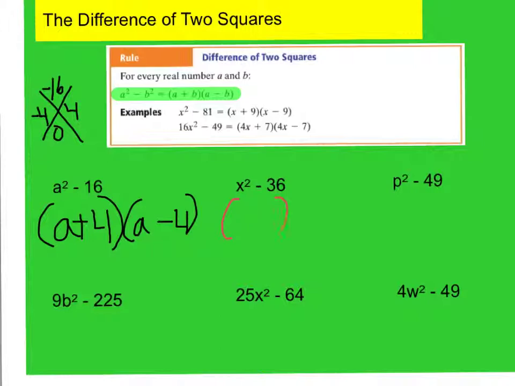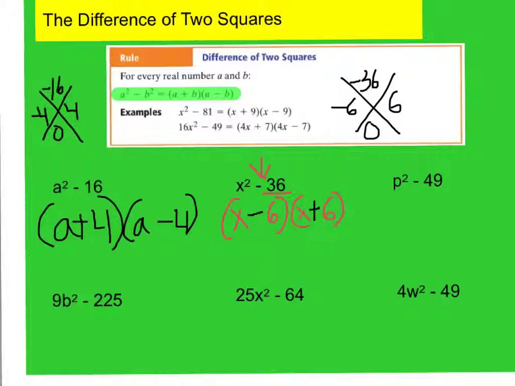The square root of x squared is x, and what multiplied to itself is 36, and that's 6. But in order to get a negative 36, we have to have a negative 6 multiplied by a positive 6. So I will have x minus 6 and x plus 6.